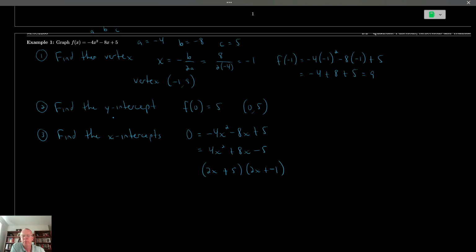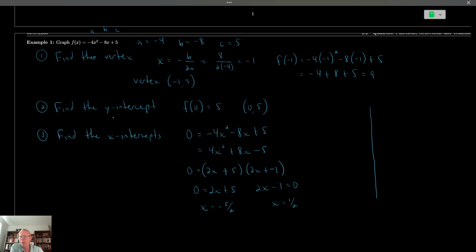So we have 2x plus 5 and 2x minus 1, and that will work. Let's set that equal to 0. 2x plus 5 equals 0 gives negative 5 halves, and 2x minus 1 equals 0, so x is 1 half. So our 2 x-intercepts are negative 5 halves and 1 half.